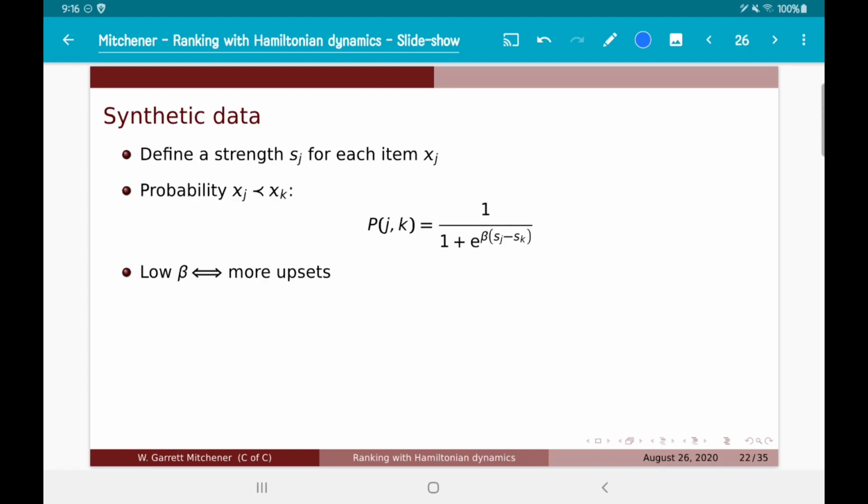To do a more thorough test of these algorithms, I decided to construct some synthetic data. So here's some of the details about how this was done. Imagine that you've got 20 teams and they each play each other in a tournament. So each plays all of the others.